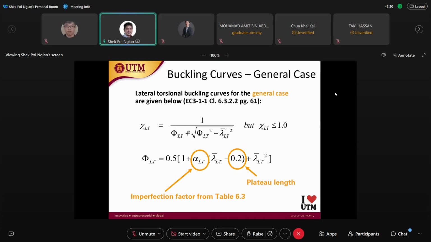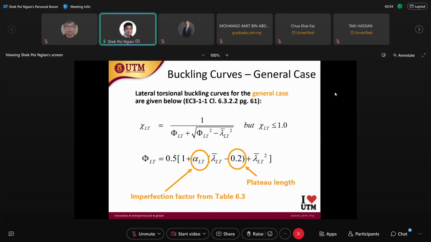So this is the formula to get the reduction factor. And the name is reduction, therefore it cannot be more than 1. Because we need to get a lesser value, the reduction. The maximum limit is 1.0.